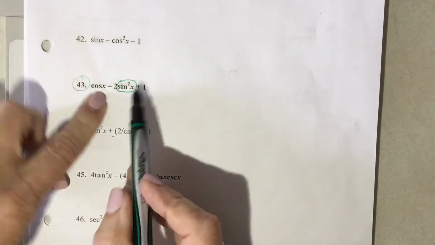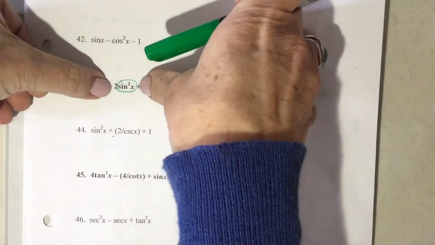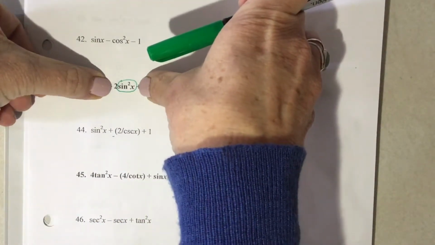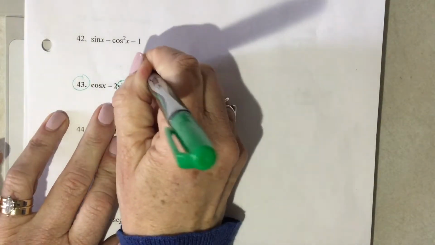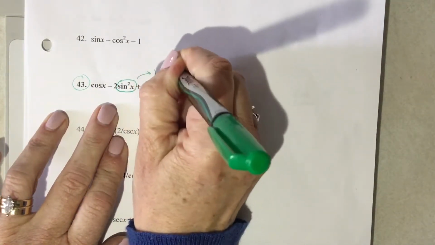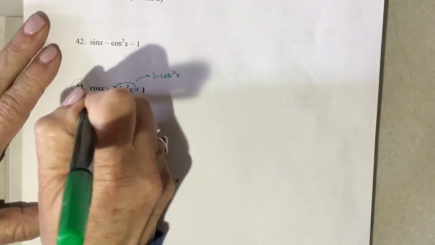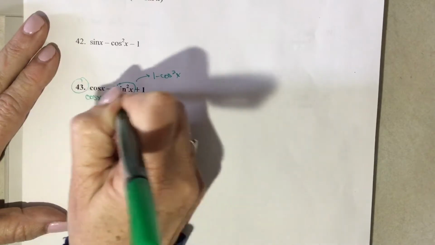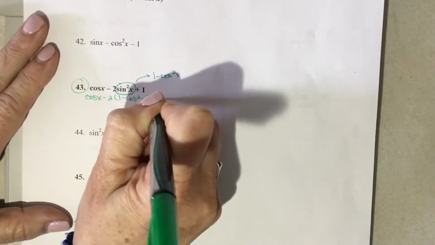But because sine squared is being multiplied by 2, and that's the only thing that I'm adjusting, I can just rewrite this in terms of 1 minus cosine squared. And that's what I'm going to do. So my first step is I'm going to take cosine x minus 2 times 1 minus cosine squared x plus 1.